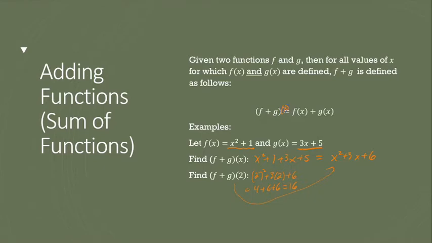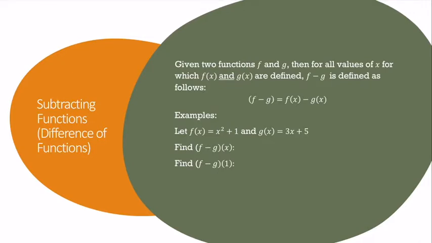If I can add functions and find their sum, I can also find their difference. So if I want to find the difference of two functions, I'm going to be subtracting one from the other. So let's say we still have f of x equal x squared plus 1 and g of x equals 3x plus 5.